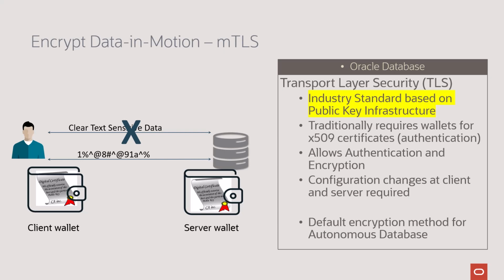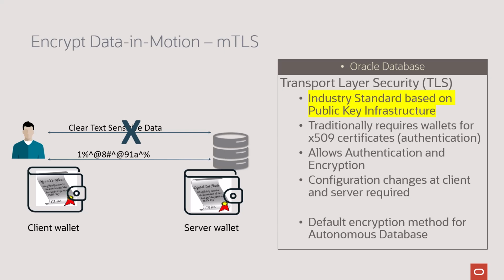Autonomous Database, even by default, offers mTLS, which is why when you create an autonomous database, it generates a package of credentials which you normally download on the client side, and that package contains, among other things, the wallet containing a certificate for the client to authenticate to the server.